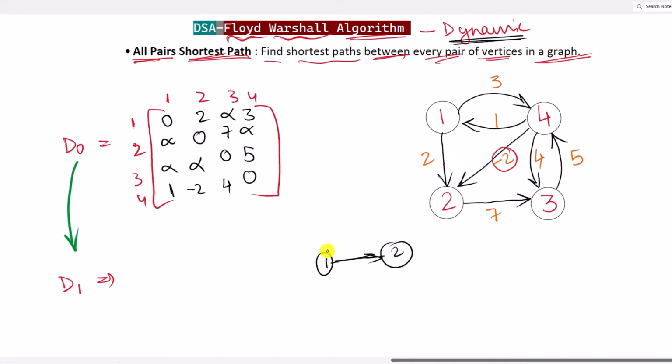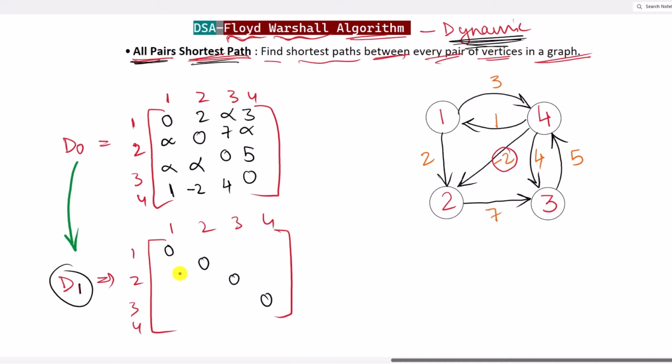We're gonna take some alternate route through the vertex 3 and compare if that is smaller than this direct route or not. And also we're gonna take another route through the vertex 4. Among these routes we're gonna take the best or the smallest one. This way we can dynamically compare these routes and find the best or the shortest path between all of the pairs.